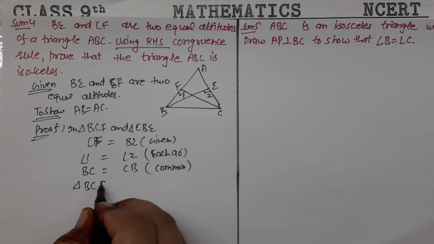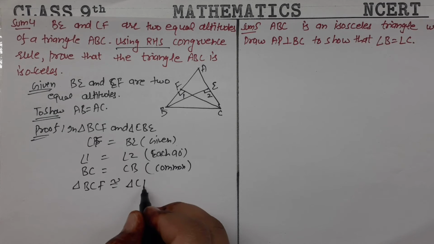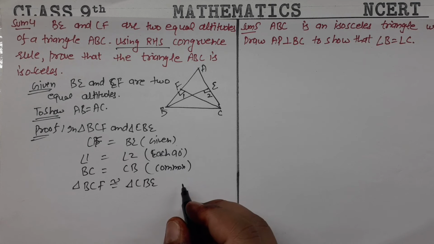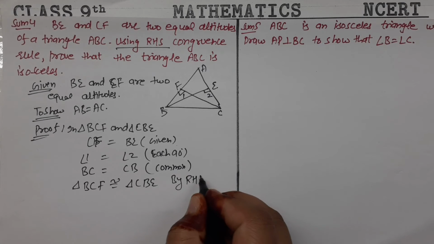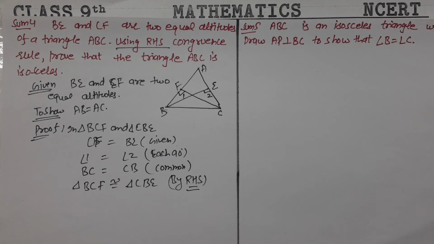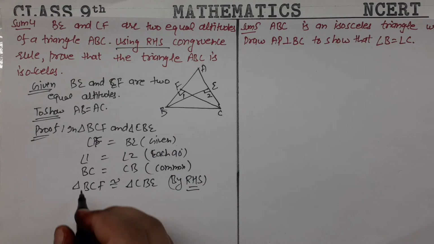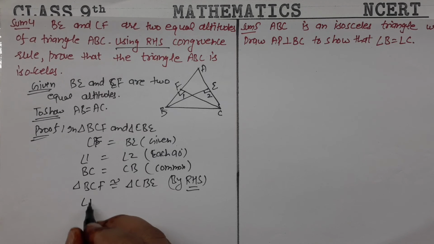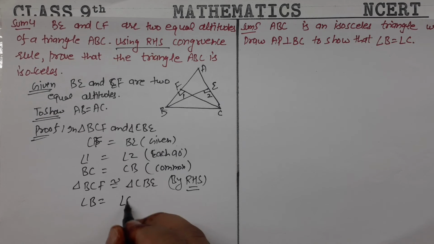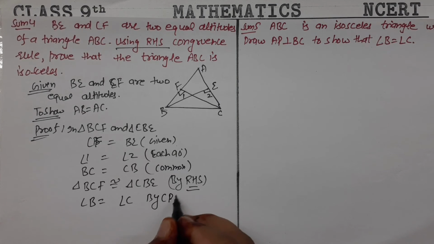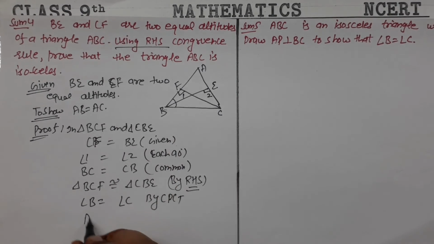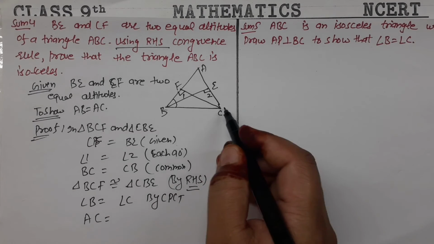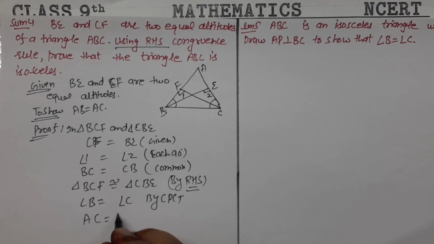That means triangle BCF is congruent to CBE by RHS. So angle B equals to angle C by CPCT. In front of angle B, side is AC. In front of angle C, side is AB.